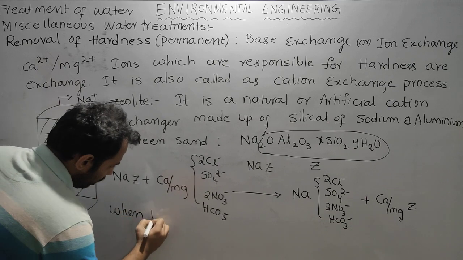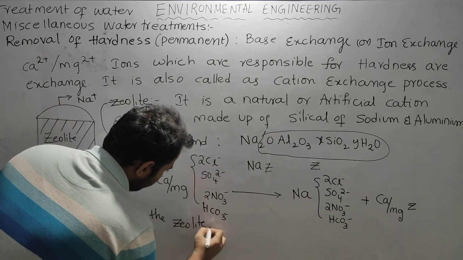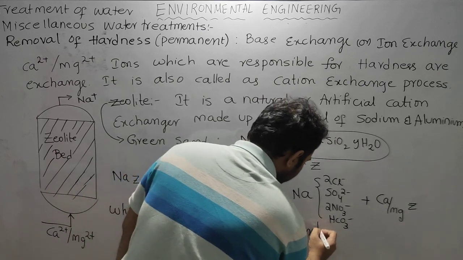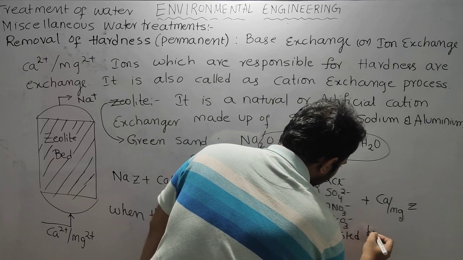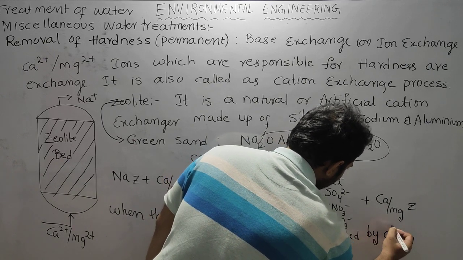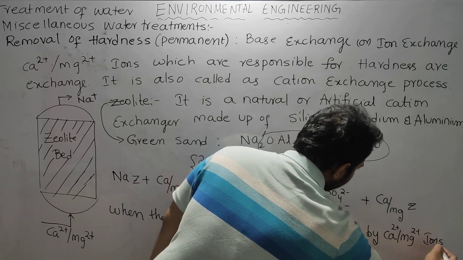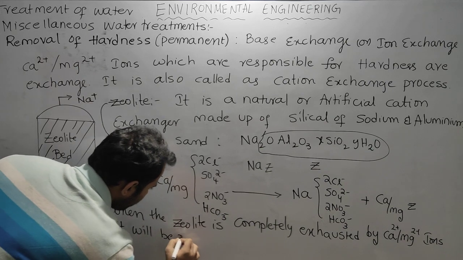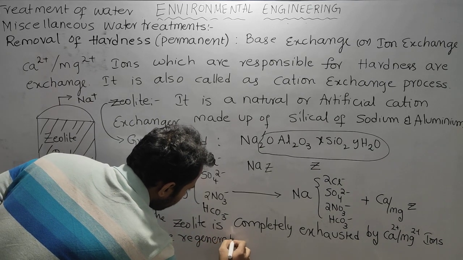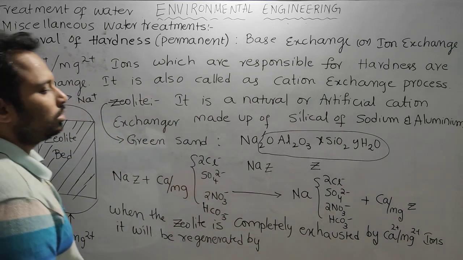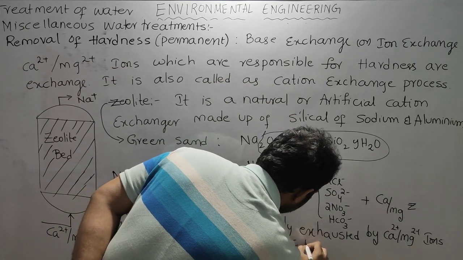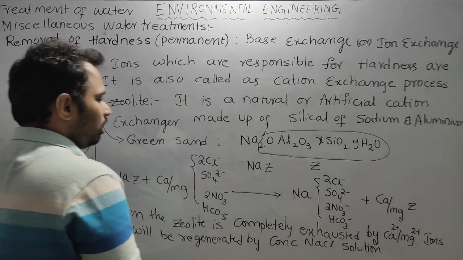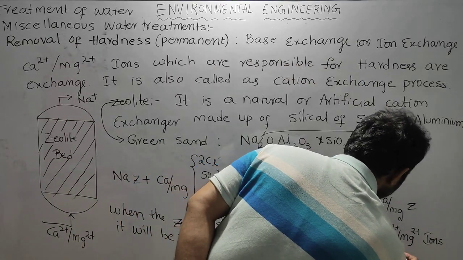When the zeolite is completely exhausted by calcium and magnesium ions, it will be regenerated by concentrated NaCl solution, which is also called brine solution.